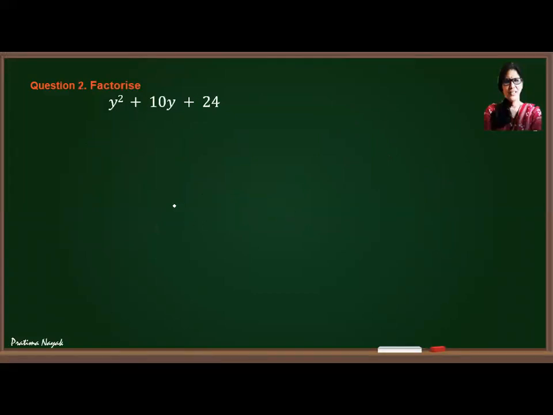Next question, y square plus 10y plus 24. In the same way, think of two numbers whose product is equal to 24 and which, when you add them, give you 10. Can you think of the numbers? Think.